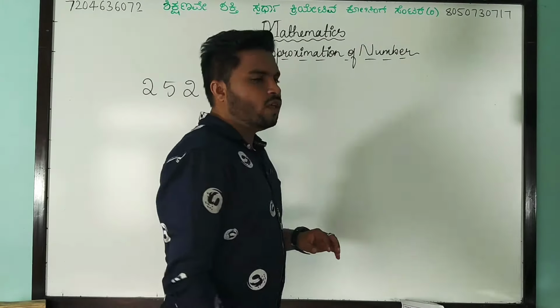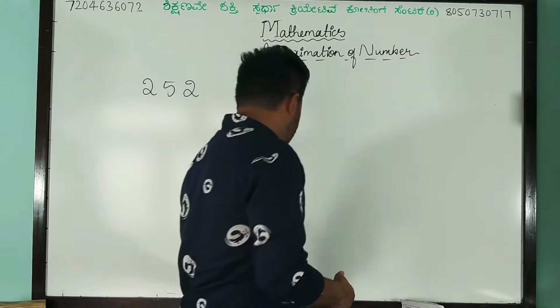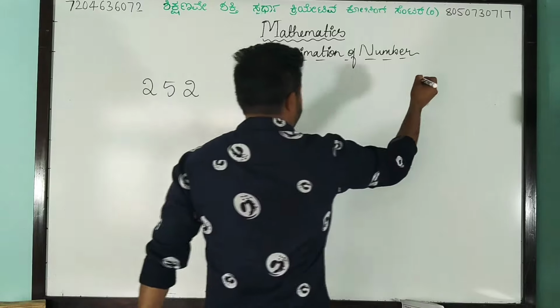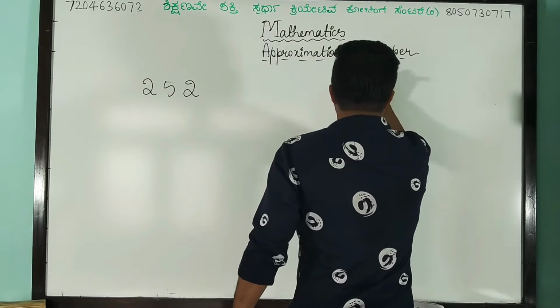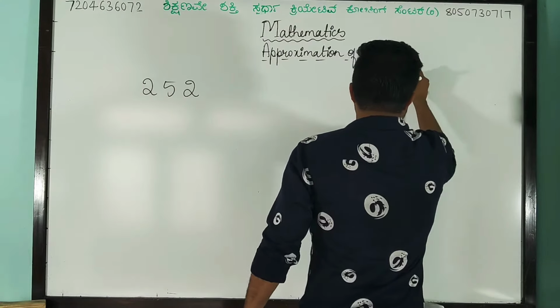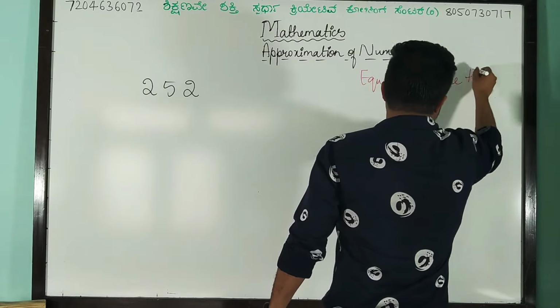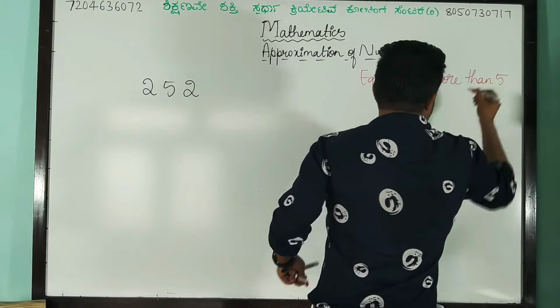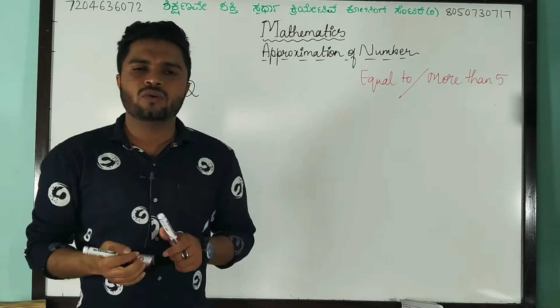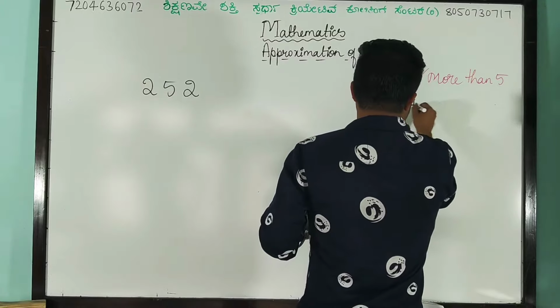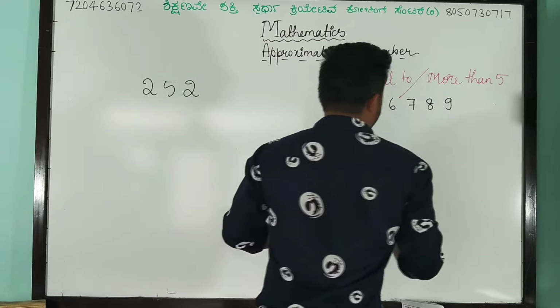The first concept is equal to or more than 5. You write it like this: equal to or more than 5. Which numbers are equal to or more than 5? You will get 5, 6, 7, 8, 9.